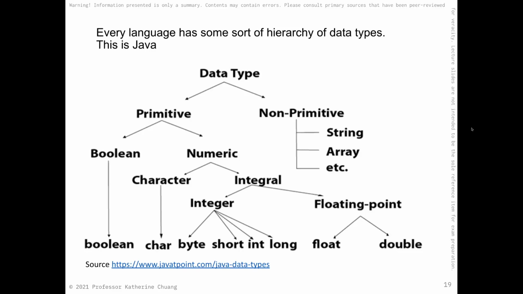Here's an example from Java. So this may seem familiar to you. You've got primitive data types, such as Boolean, character, numeric, integer, with the different kinds of integers, with different space requirements, and then floating point with float or double.